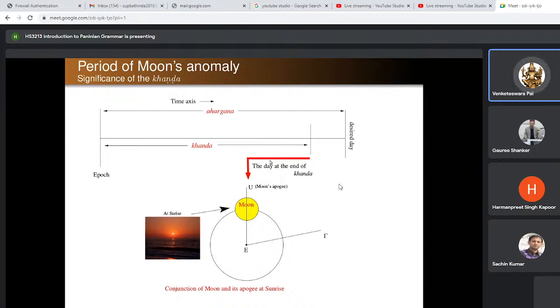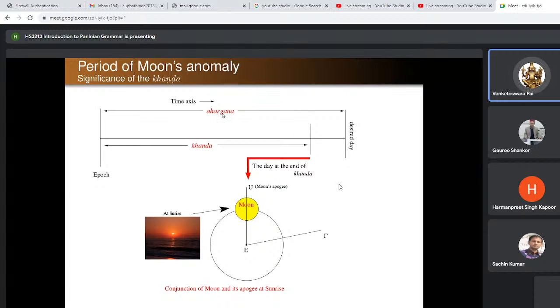Khanda literally means part. So the part of this ahargana is known as khanda in this context. You have to choose the khanda appropriately. For example, the khanda is a day in which the moon coincides with its apogee at sunrise, or in other words, the conjunction of the moon and its apogee takes place at sunrise on the day of the khanda, and that day is referred to as the khanda.